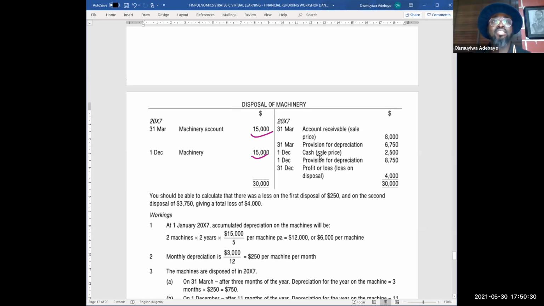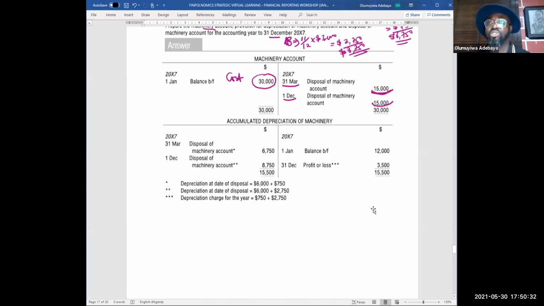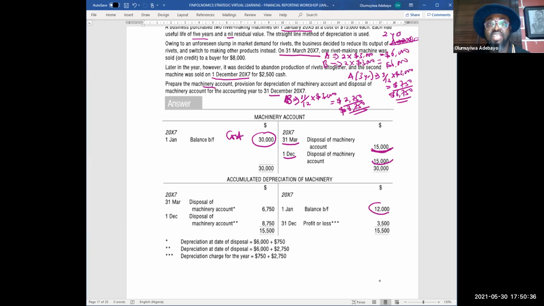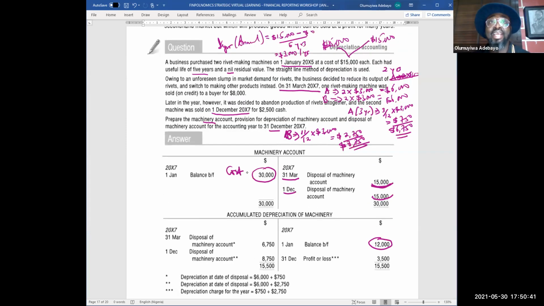Now, but there's depreciation associated with this cost, which has been aggregated in this 12,000. This 12,000, if you remember, is the depreciation for A and B for the first 2 years, which is 6,000 and 6,000. That is what makes up this 12,000, the sum of these two.